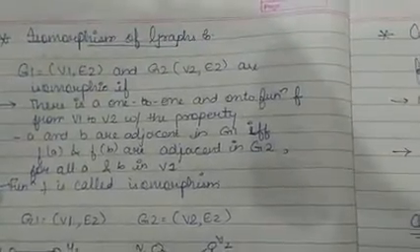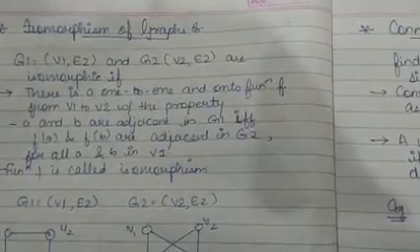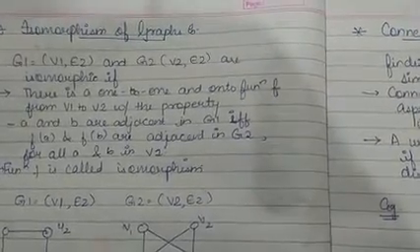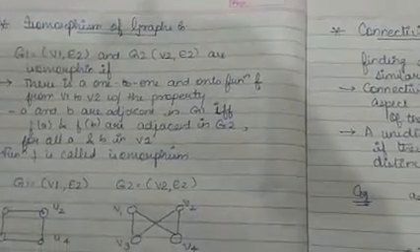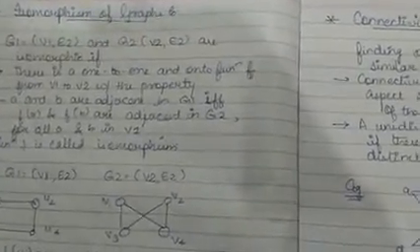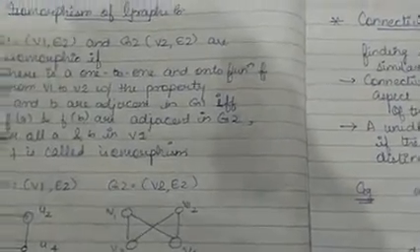So what is isomorphism? Isomorphism says if we have an equal number of connections between the edges, if they are following some specific properties, or they are alike in some ways, then we can say that two graphs are isomorphic.